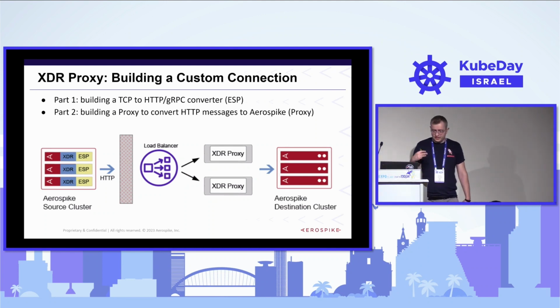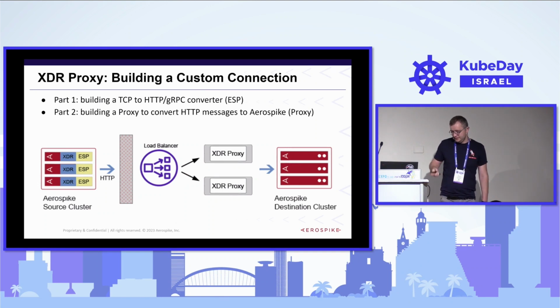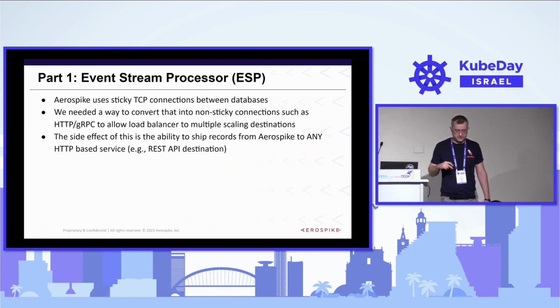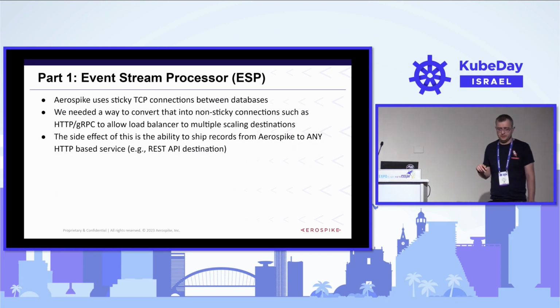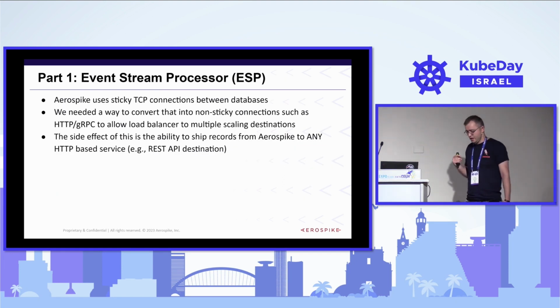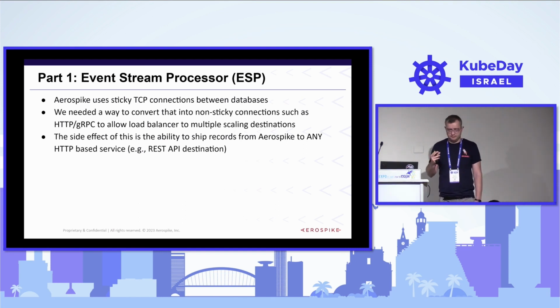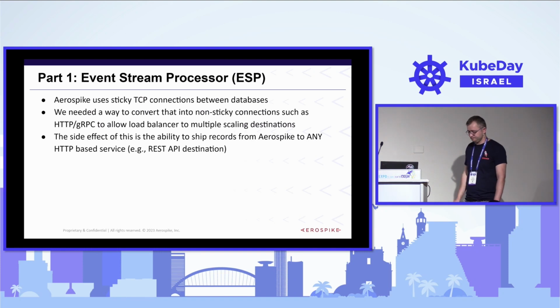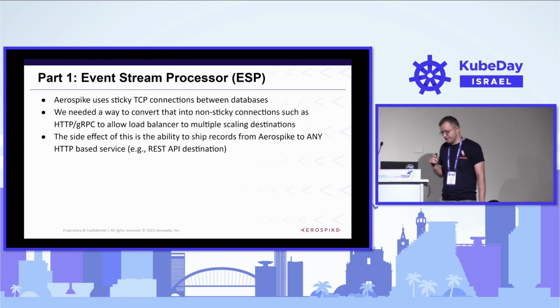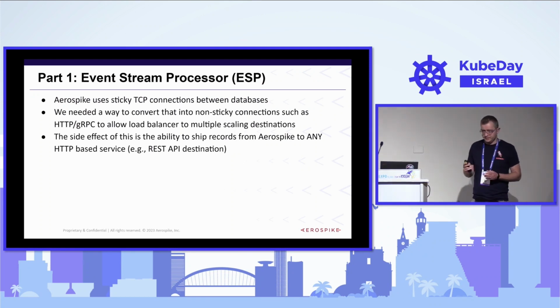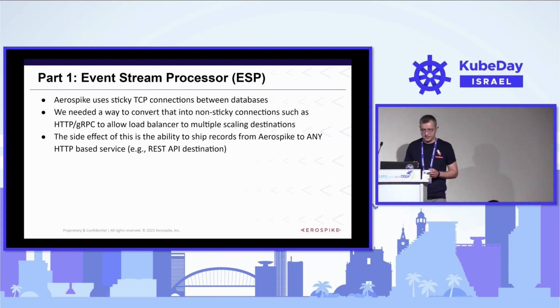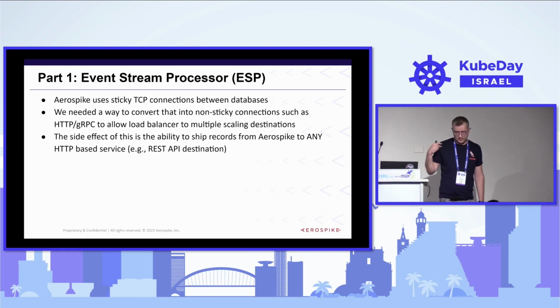What they do is that ESP takes the XDR messages that our cluster provides, batches them and wraps them in an HTTP request. It makes the sticky connection of our XDR feature stateless.